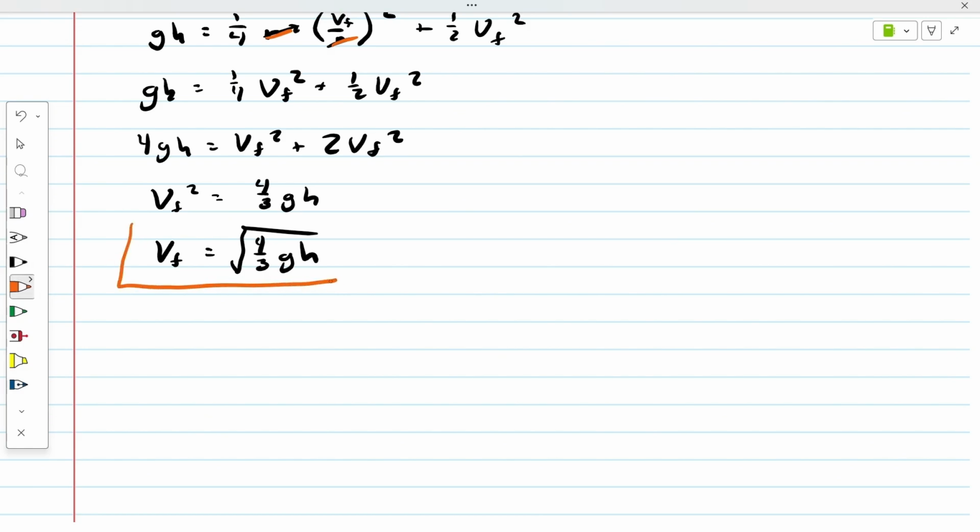And so we got this without having it depend on the mass or the radius, which is important. And so this is for the cylindrical disk.